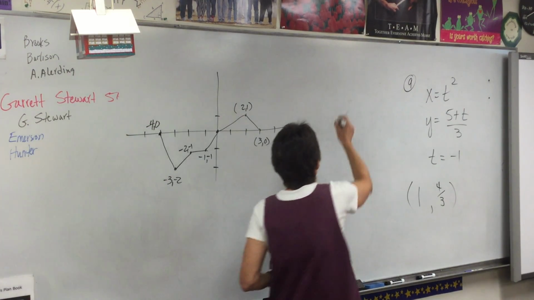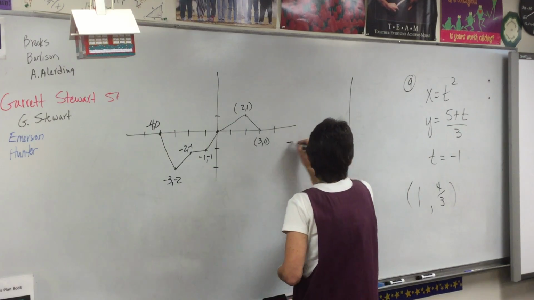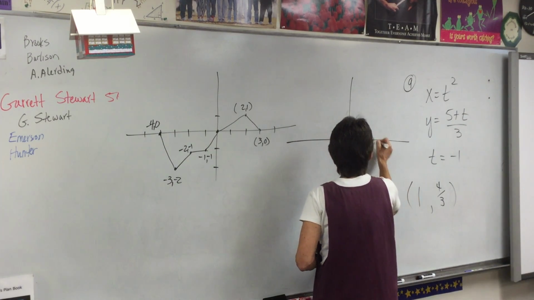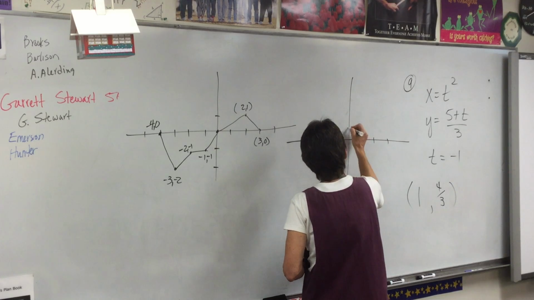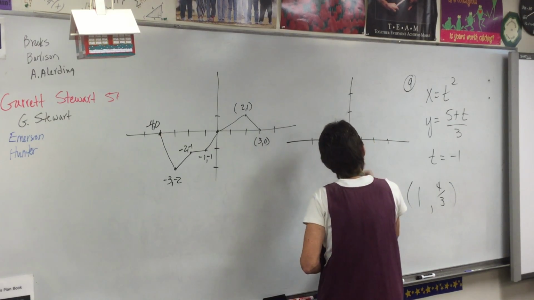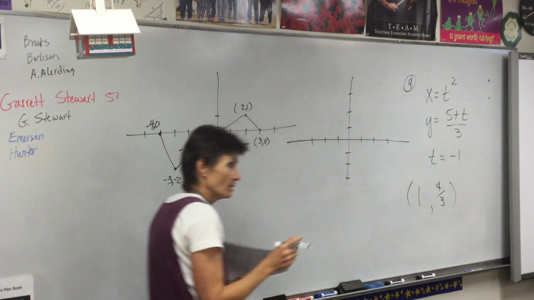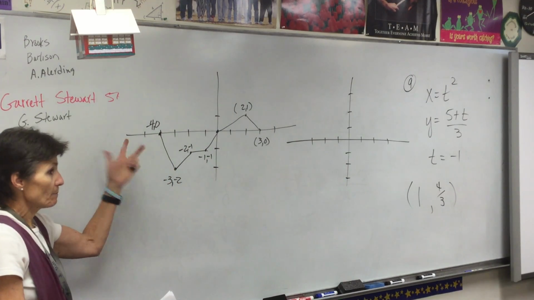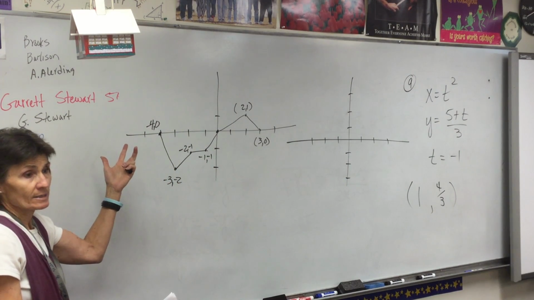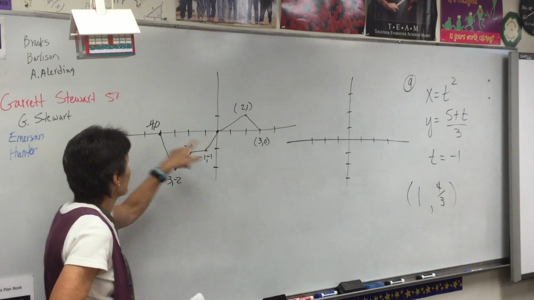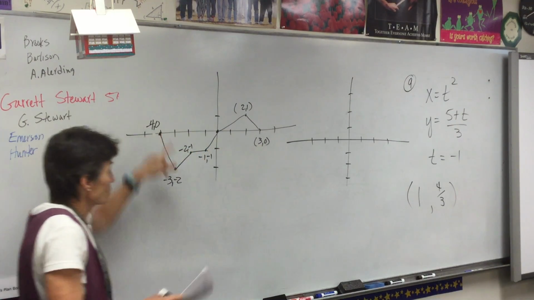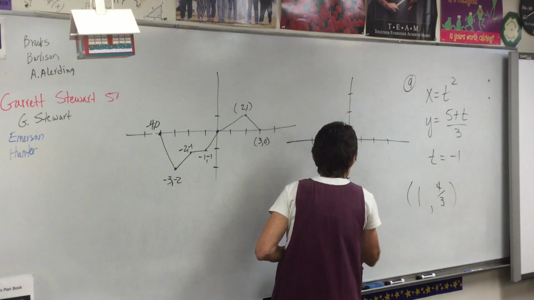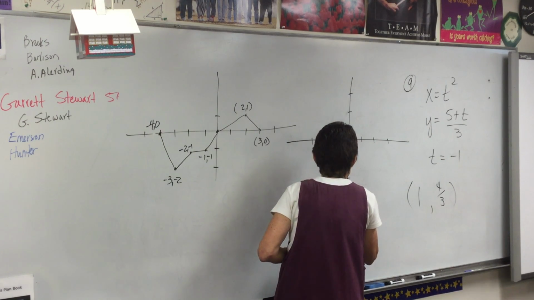And the reason that I labeled them is because now I'm going to sketch the inverse. And you remember how we do that? It's real simple. We just flip the x's and y's. So go point by point, only instead of having -4, 0, we'll have 0, -4.